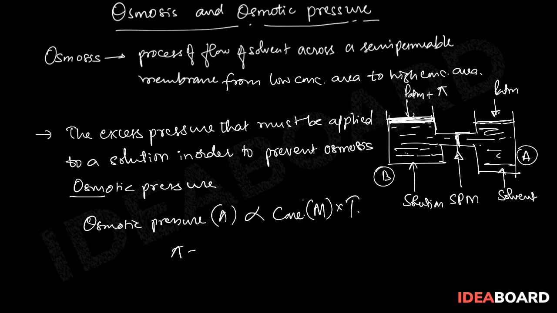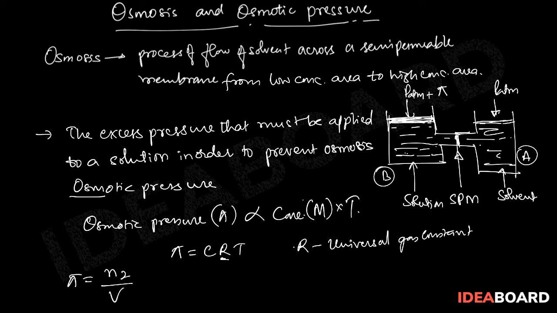So we can write pi is equal to CRT, where R is the constant of proportionality, that is the universal gas constant, and C is the molarity. So we can write pi is equal to number of moles of solute divided by volume of solution into R into T.